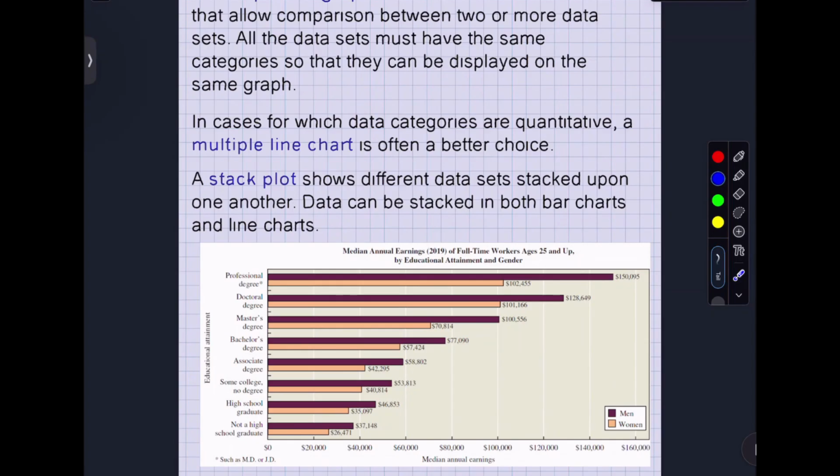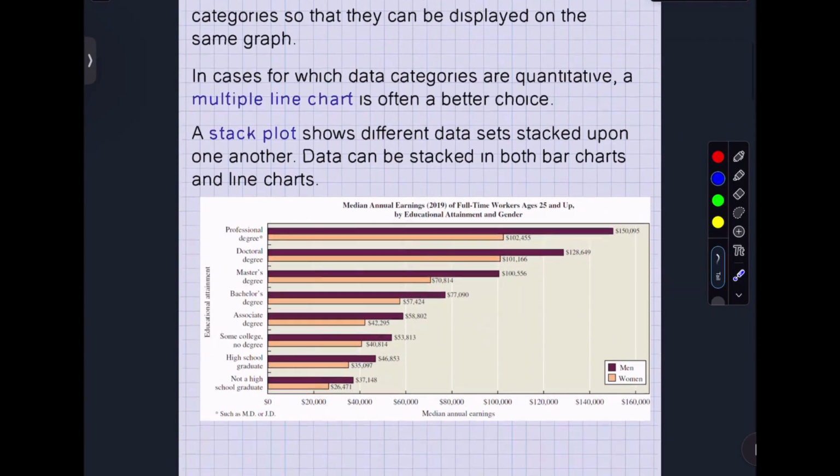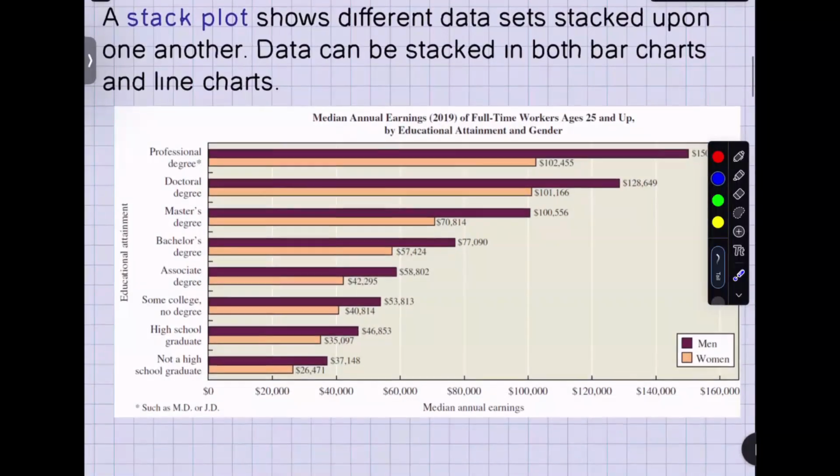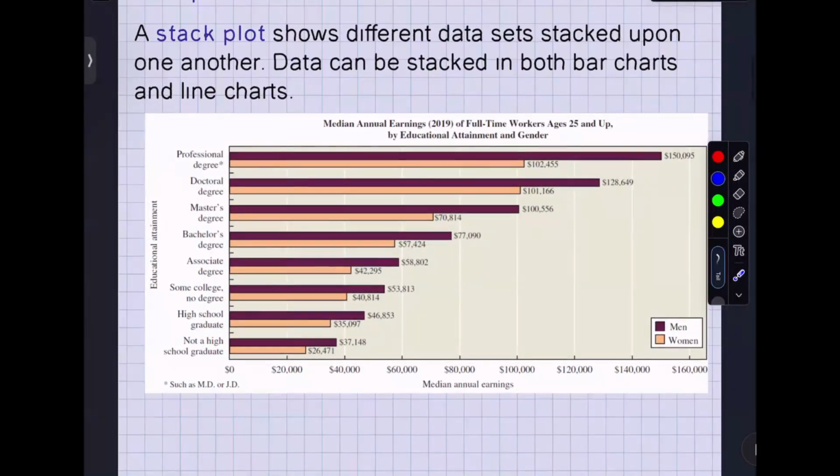So what is this talking about here? Pay differences between men and women based on their education. What does it not tell you?